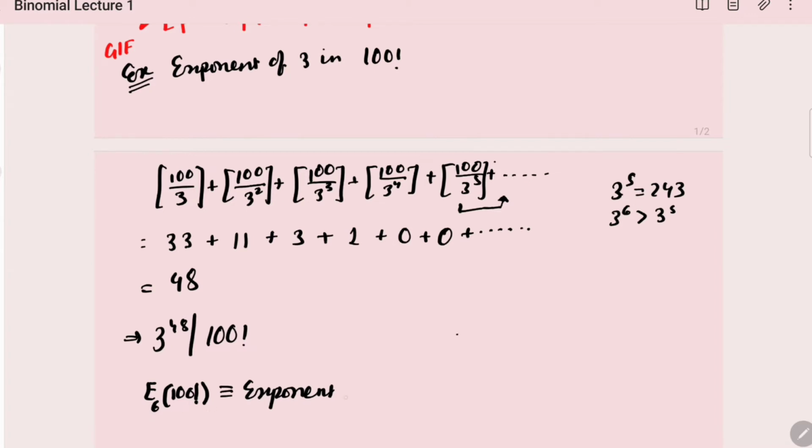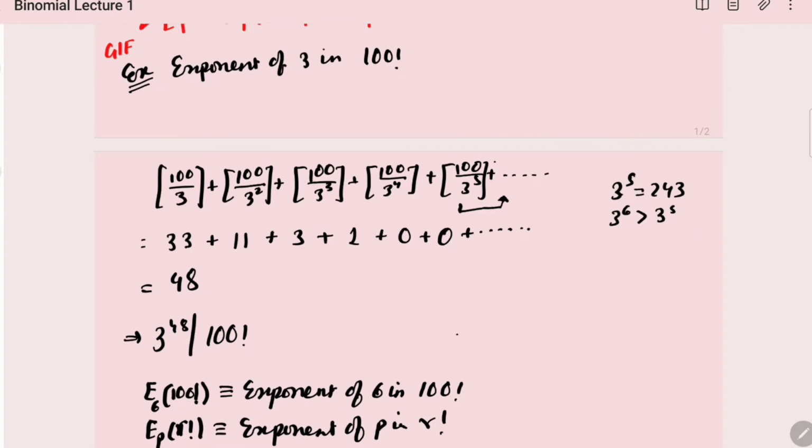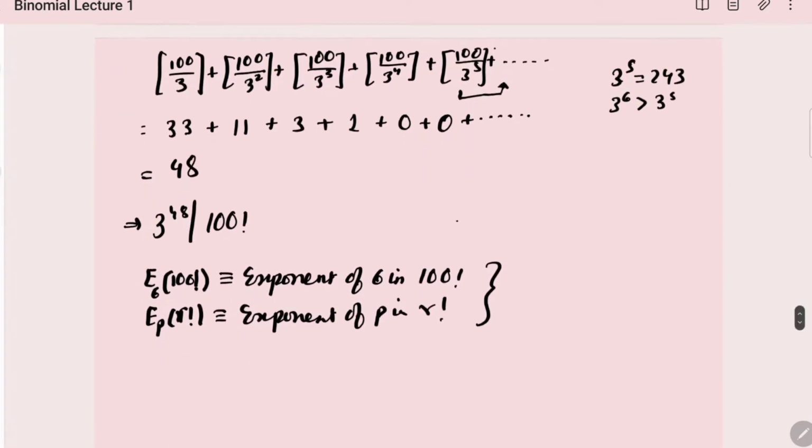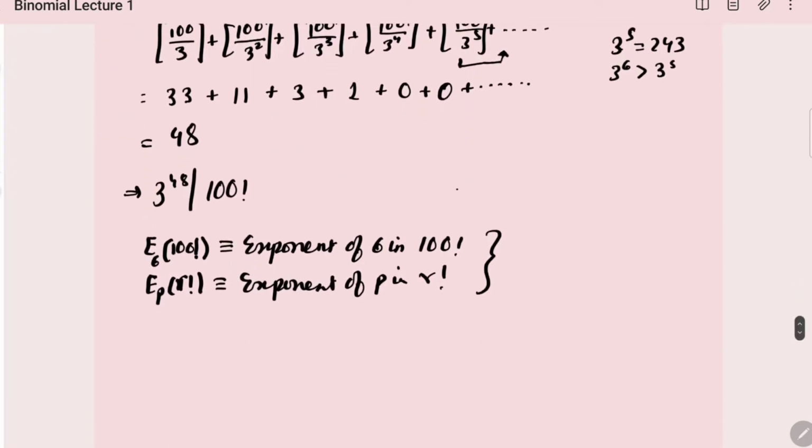When I write this symbol, I mean exponent of 6 in 100 factorial. So when I write E_p(r!), I mean exponent of p in r factorial. This is not really a standard notation. This is something which I invented for this particular lesson only, so don't take it as something universal.